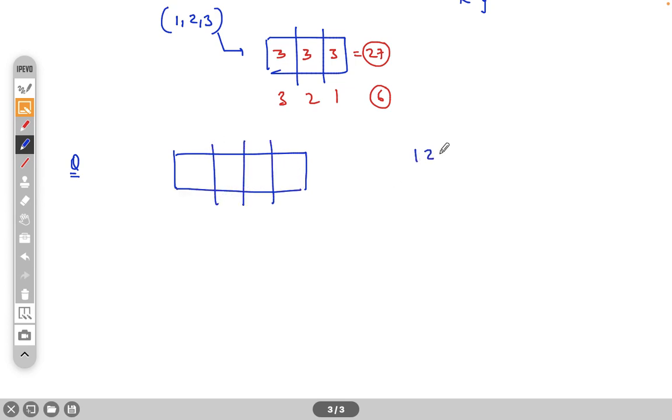Out of the elements 1, 2, 3, 4, 5, you have to create a 4-digit even number without repetition. How many such numbers are possible? So, should I interfere or do you want to invest a little time?